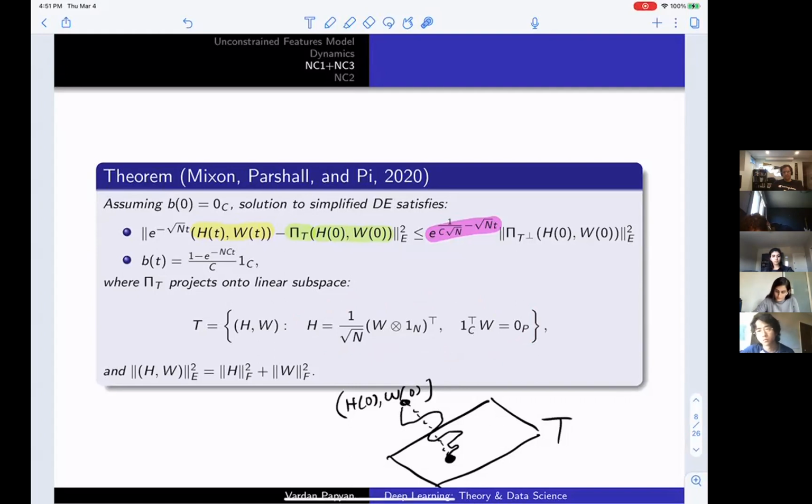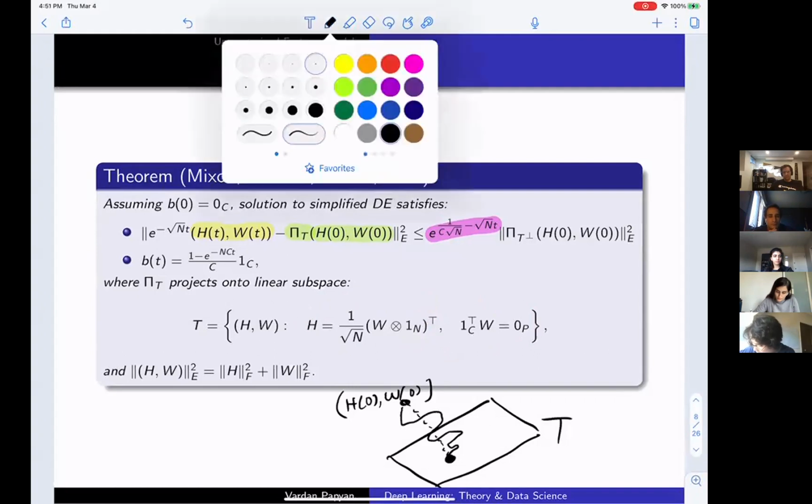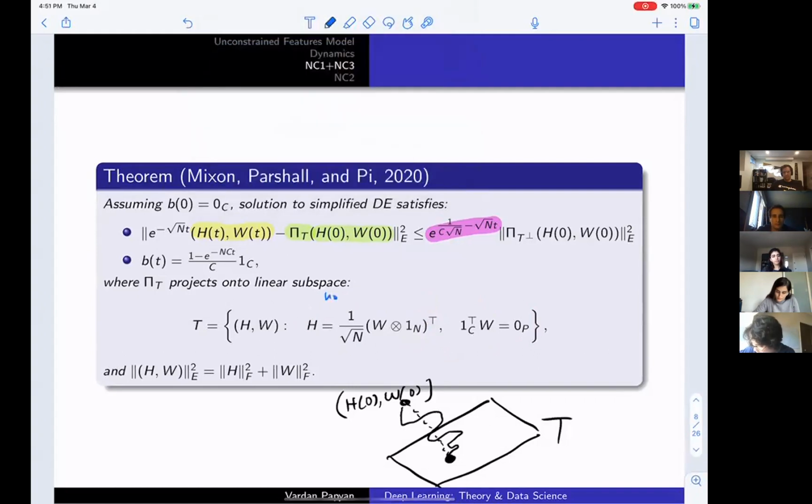So in simple words, what are these constraints? This constraint we've already seen. It says that there is no within class variability and also self-duality.